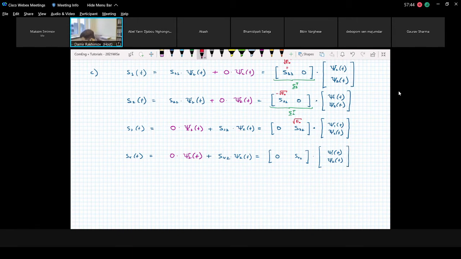And this S42 equals minus square root of E0. So previously it was the vector for third signal, and now we have the vector for our last signal, S4.